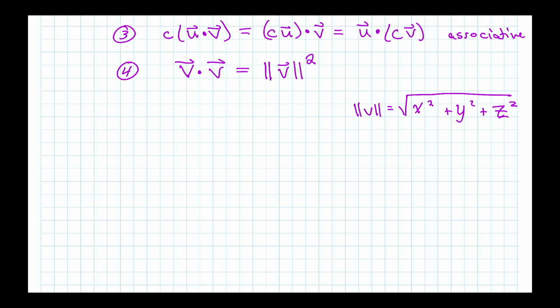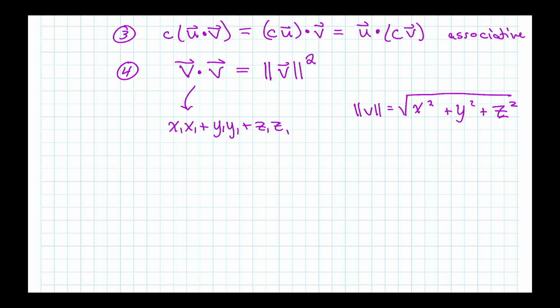And if you do the dot product of a vector with itself, it would be x times x, y times y, plus z times z, right? So of course this is this, just without the square root.